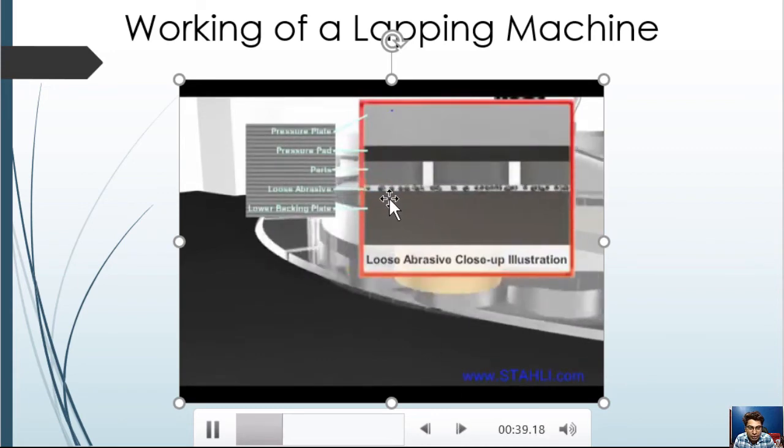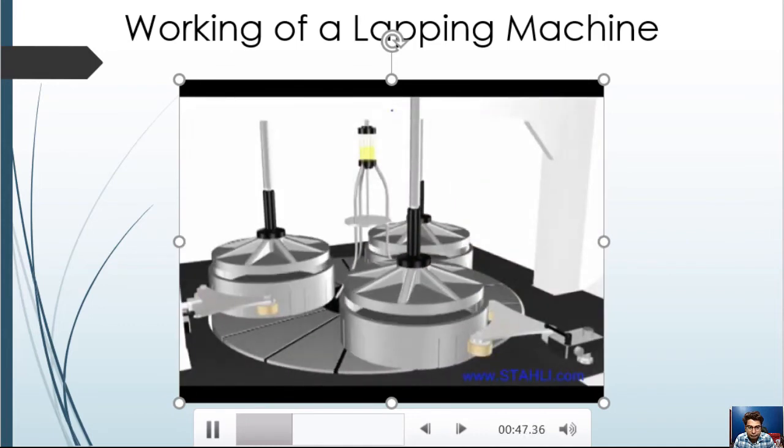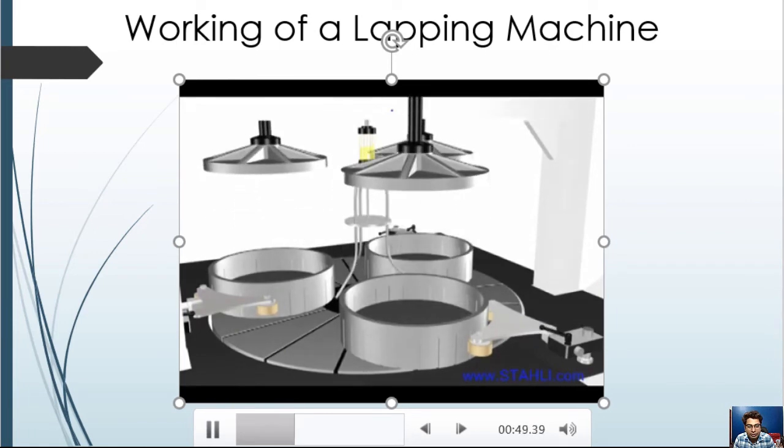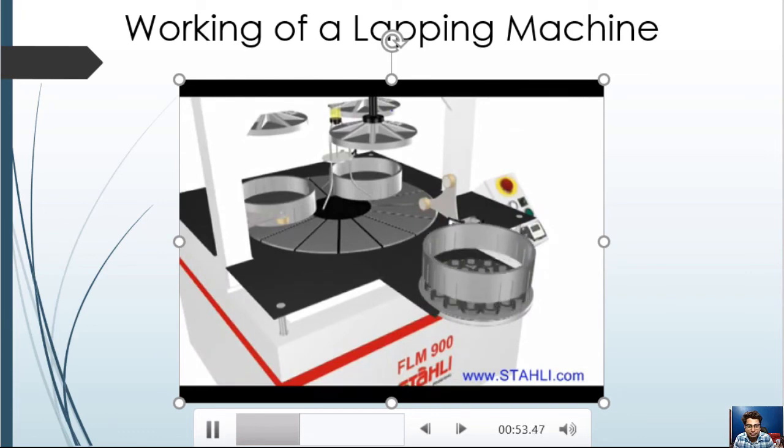Now the loose abrasive grains are interacting with the workpiece surface. After the completion of the process, the workpieces are being taken out.